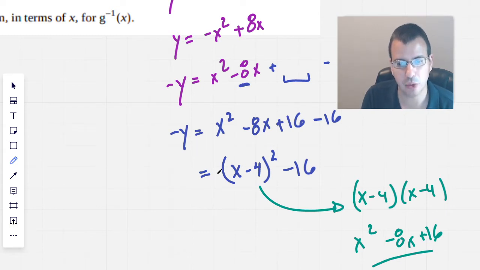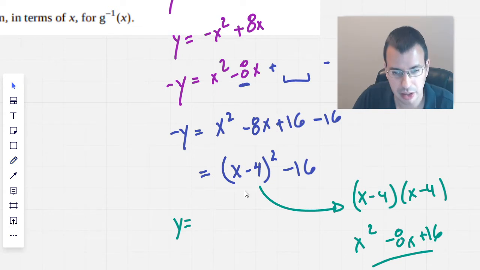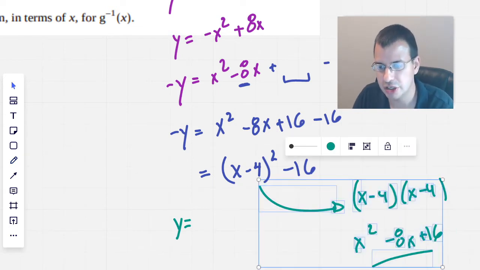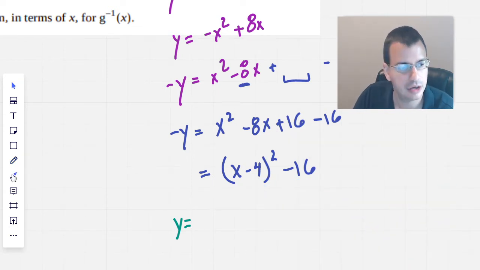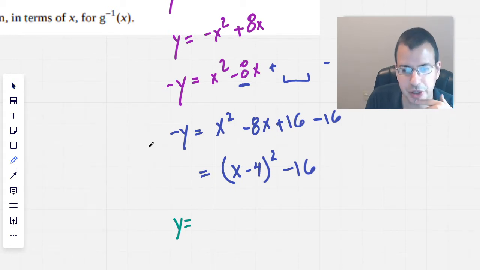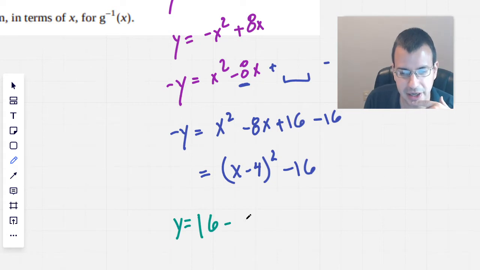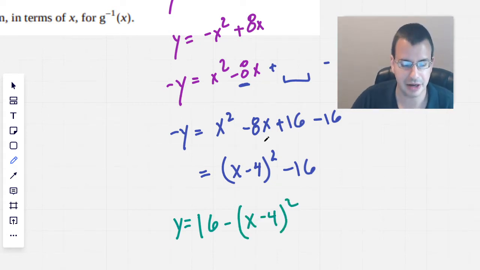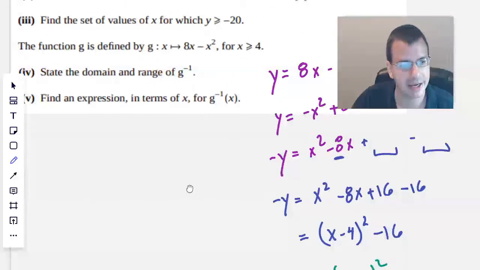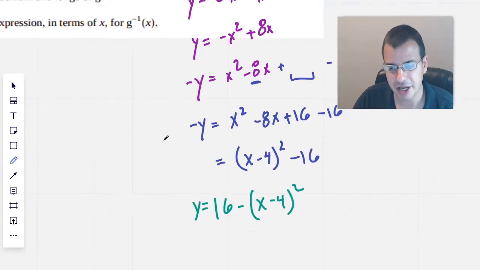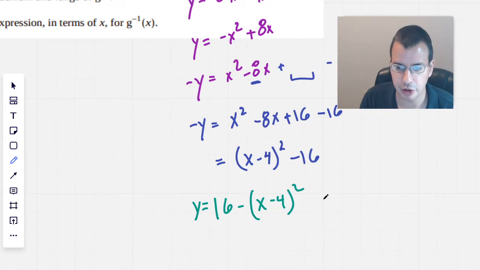All right, taking it one step further, we'll move it back to y. Get rid of these. y equals, we'll stick with green. Multiplying everything by negative 1, we have 16 minus quantity x minus 4 squared. Not too bad. So just to look at it real quick, this is going to be a parabola.